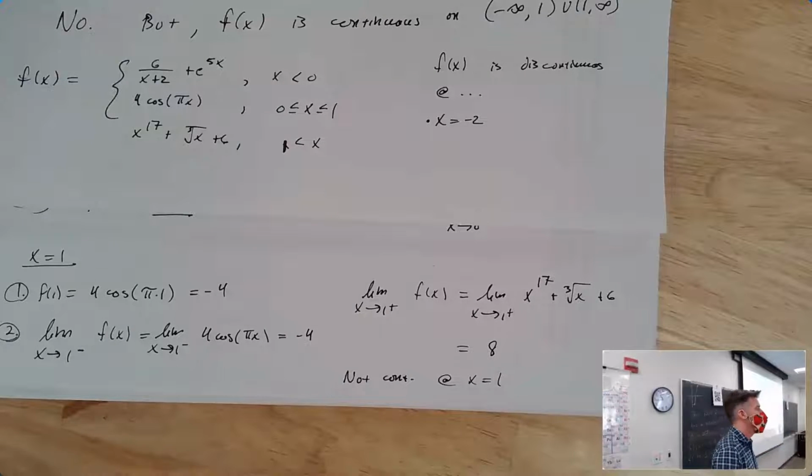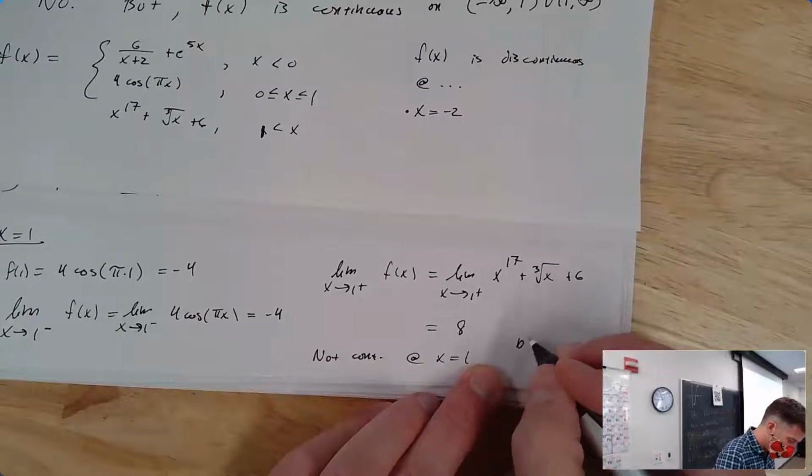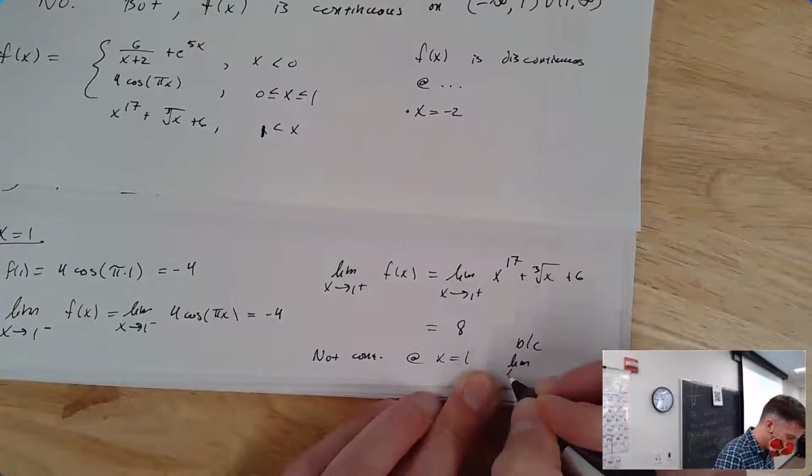And now, a lot of the time, your teachers want to ask you in what way your function is discontinuous. So in addition to saying it's not continuous at 1, it's not continuous at 1 because the limit does not exist.